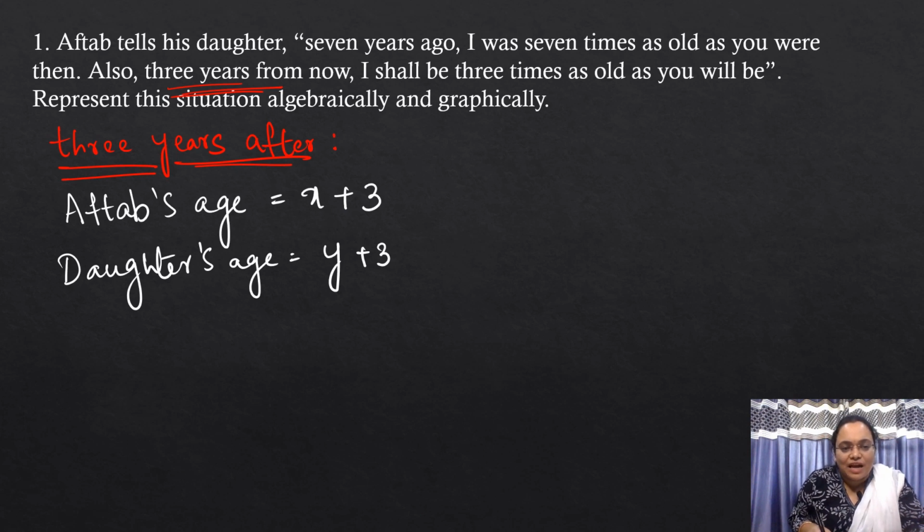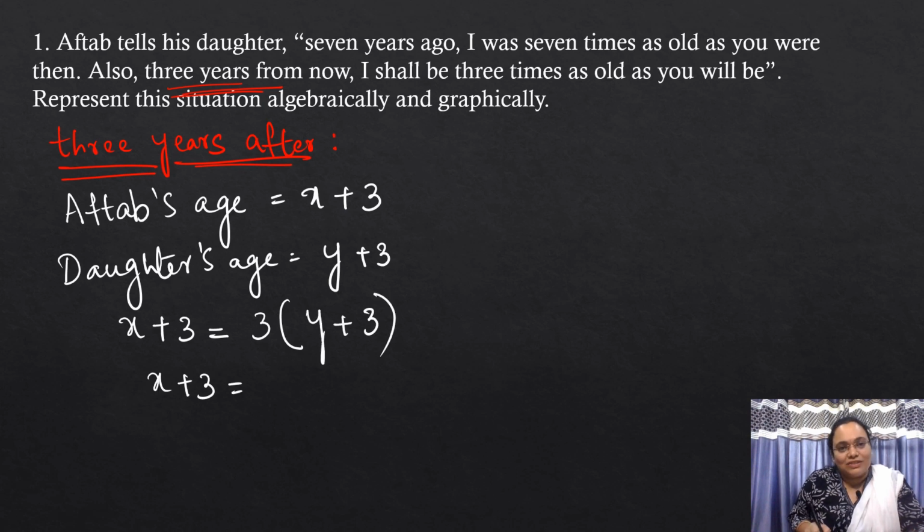so what is Aftab's age? X plus 3 is equal to 3 times as old as you will be. 3 into you will be. Who is you here? You is the daughter. Y plus 3. Let us solve this.